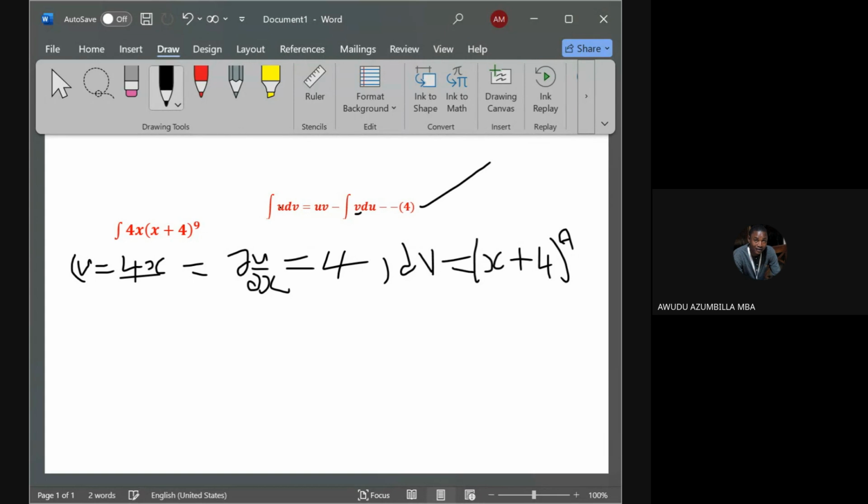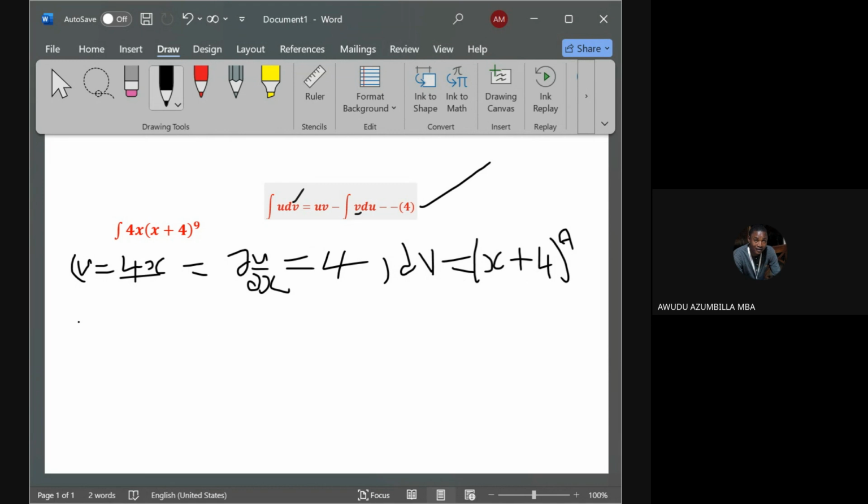From the bracket here, dv is equal to this. So when we have our dv, then we can integrate. When we integrate the dv, we'll get our v. So let's integrate our dv to get our v.